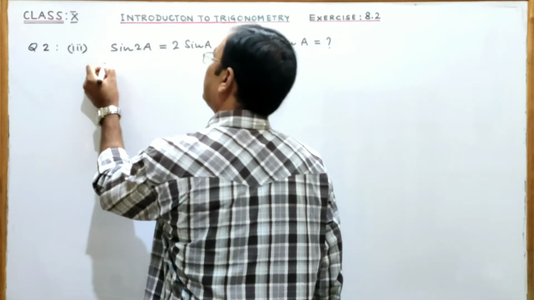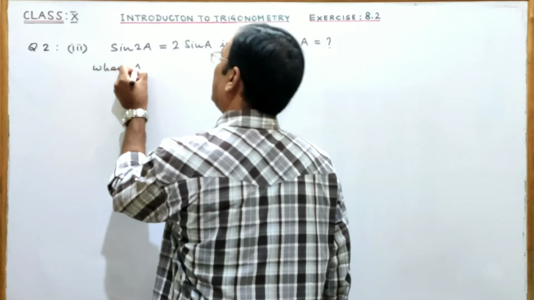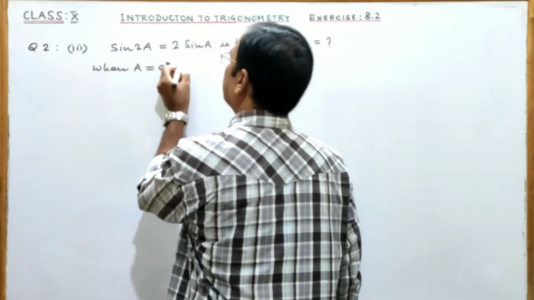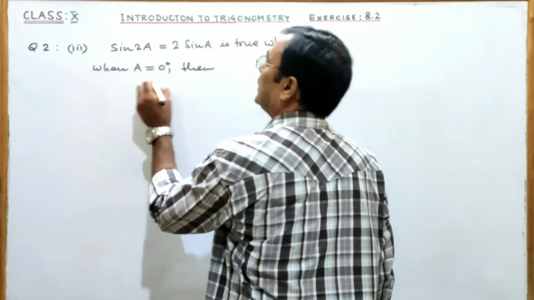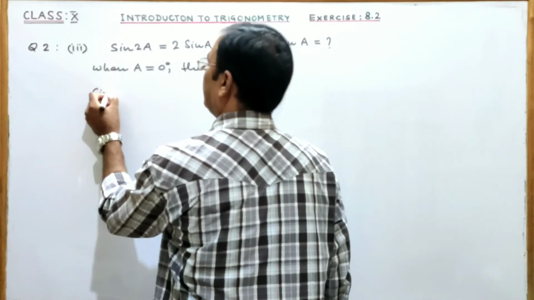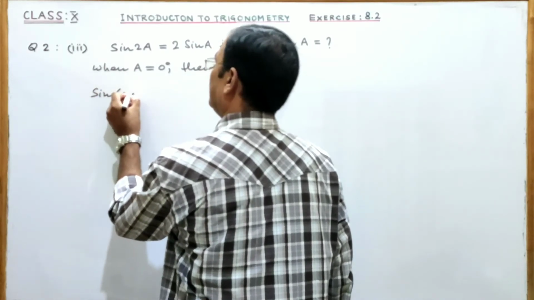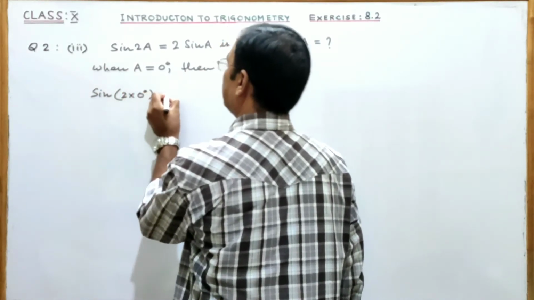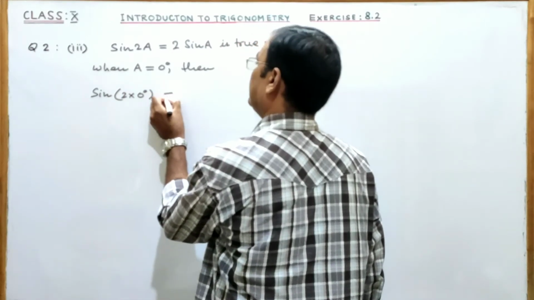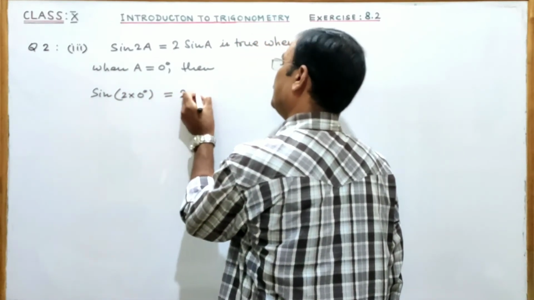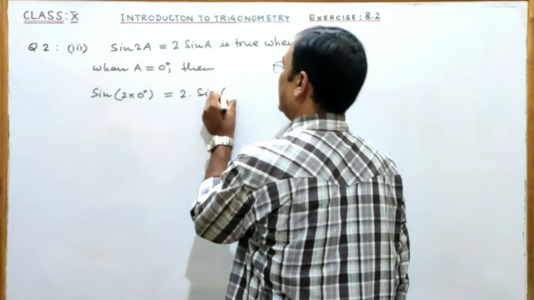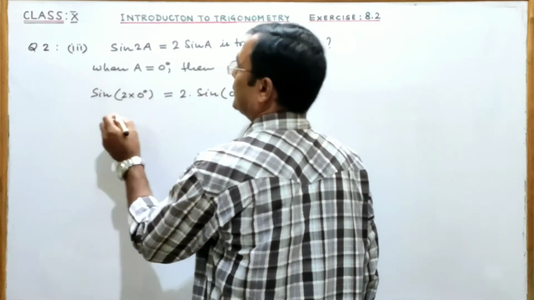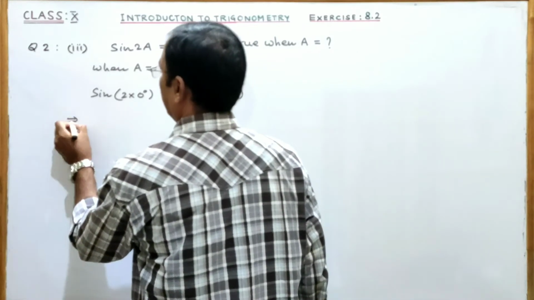When a equal to 0 degrees, then sine of 2 into 0 degrees equal to 2 into sine 0 degrees.